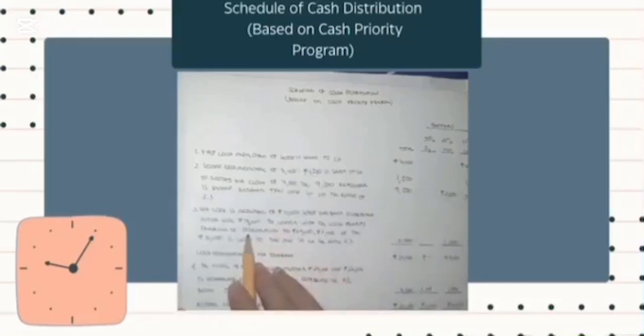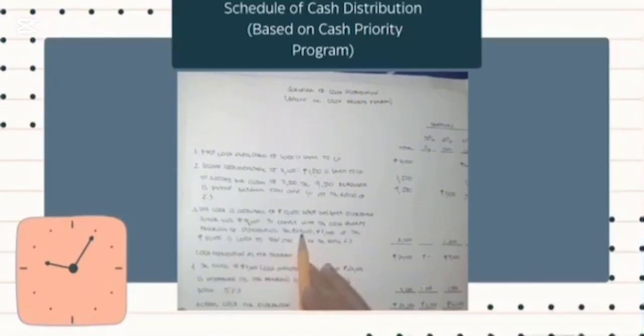Third, cash available of 10,000 pesos. At this point, the 17,000 pesos, which is the 6,000 pesos and the 11,000 pesos added here, has already been distributed to reach the priority amount of 20,000 pesos, and another 3,000 pesos is divided between Tan and Co using the 2:3 ratio.